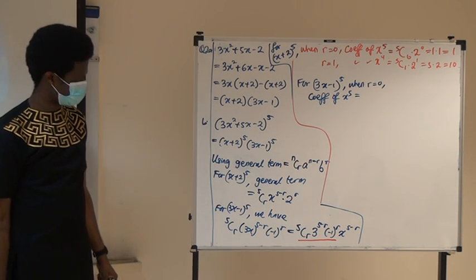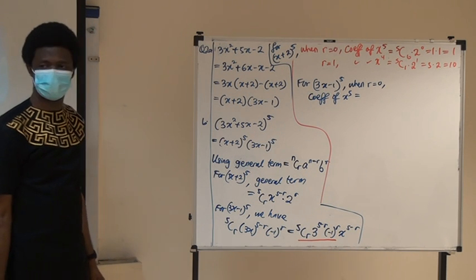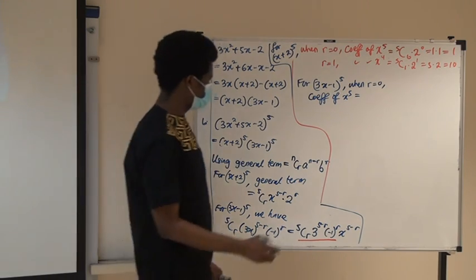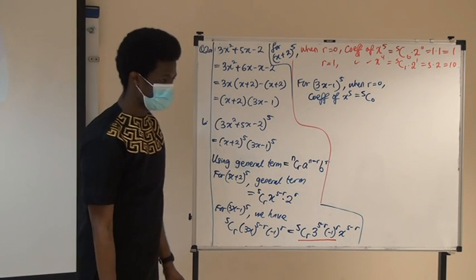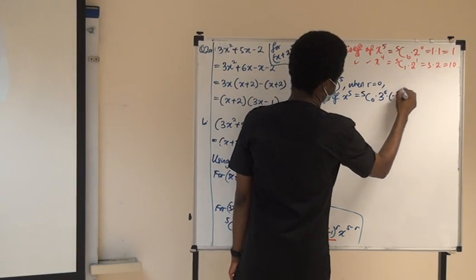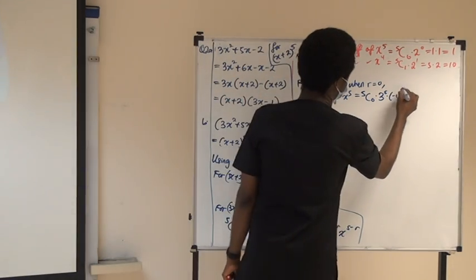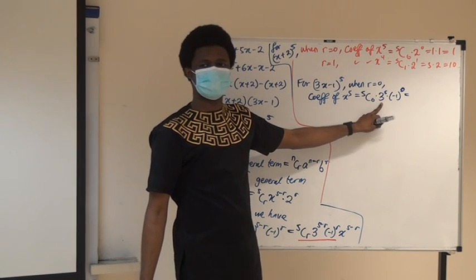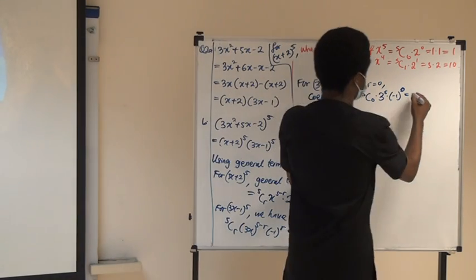Talk to me, please. 5 combination 0, 3 to power 5, negative 1 to power 0. So this is 1, this is 243, and this is 1 also. So you get 243.